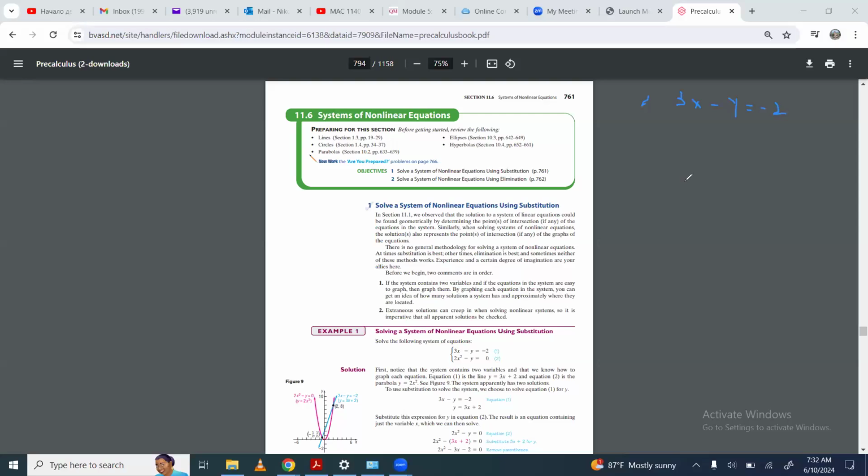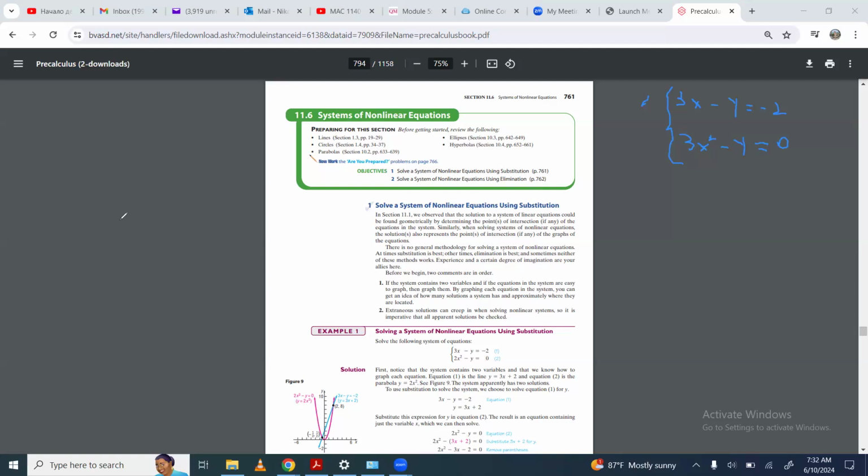The other is 3x squared minus y, and this is equal to 0. So what we want to do is try to find both unknowns, x and y.